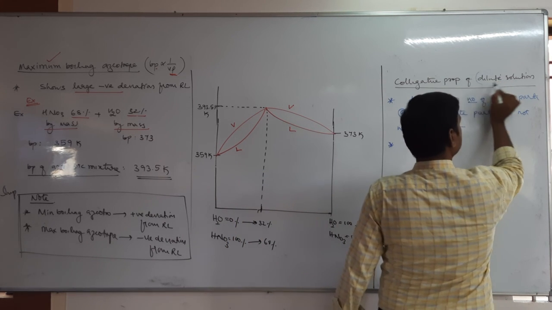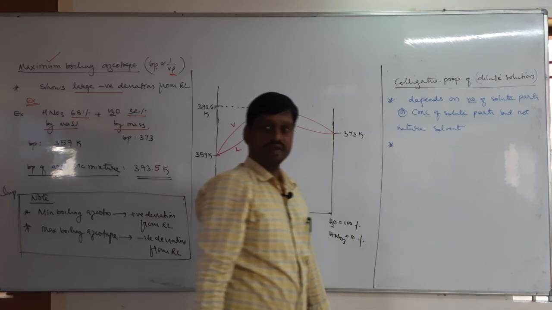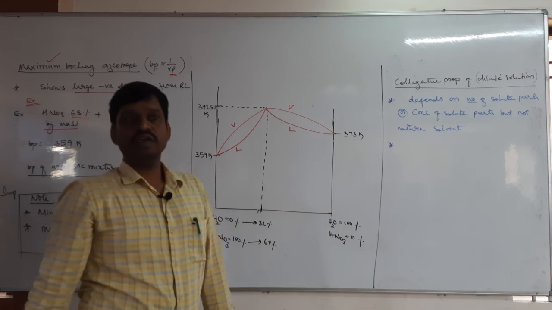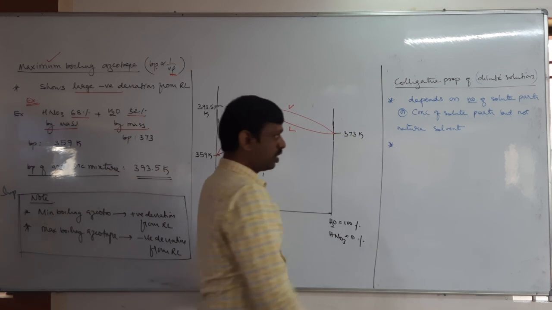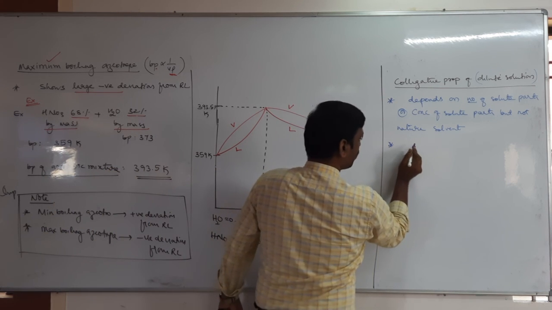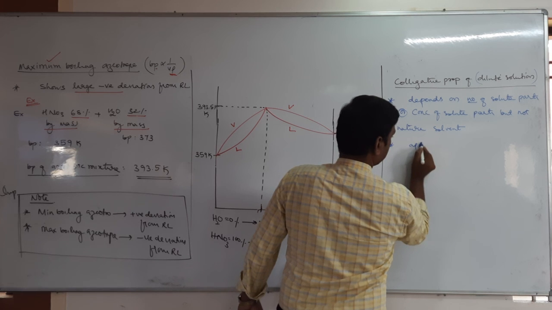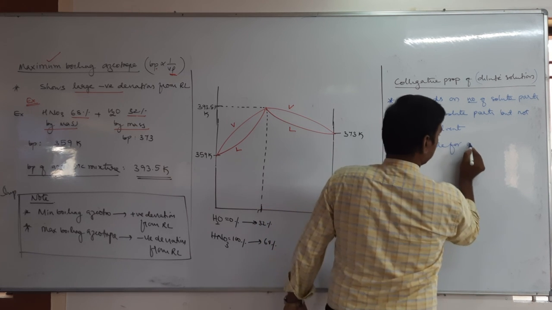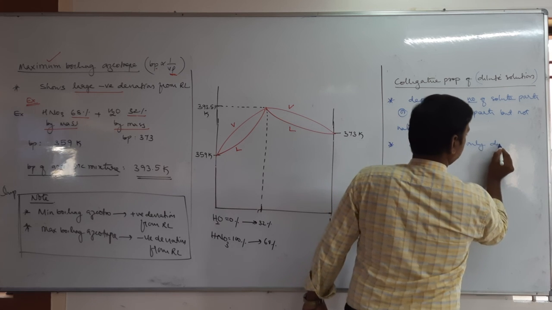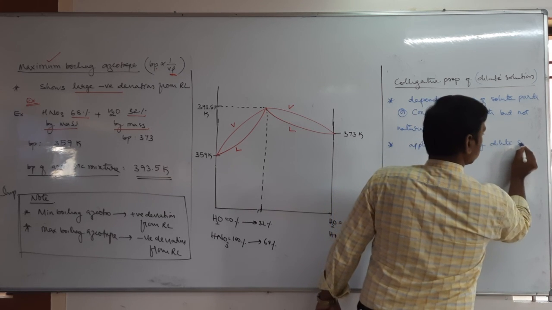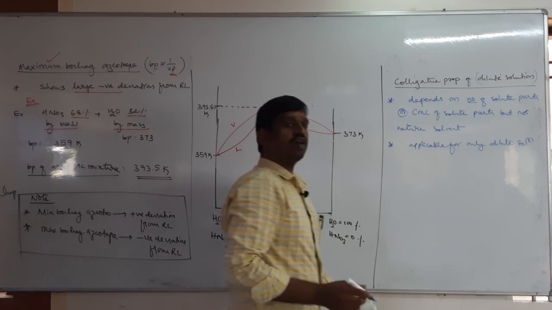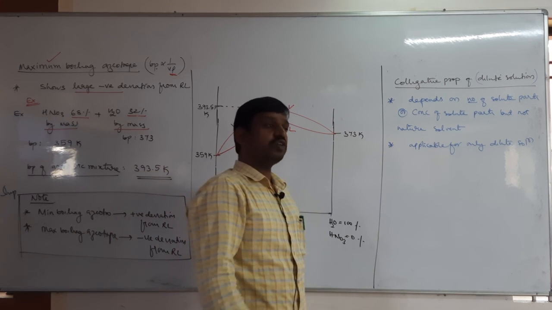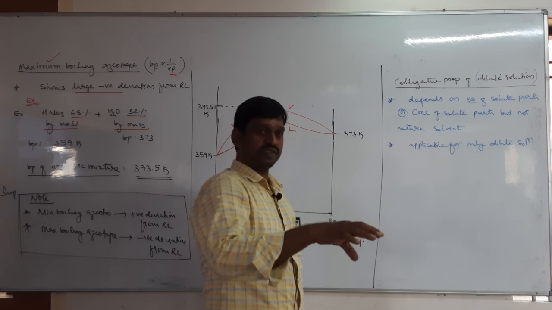That's what I have written here, dilute solution. So colligative properties are not applicable for concentrated solutions. Colligative properties are applicable for only dilute solutions. We have studied the meaning of dilute solution: the solution in which concentration of solute is very less.